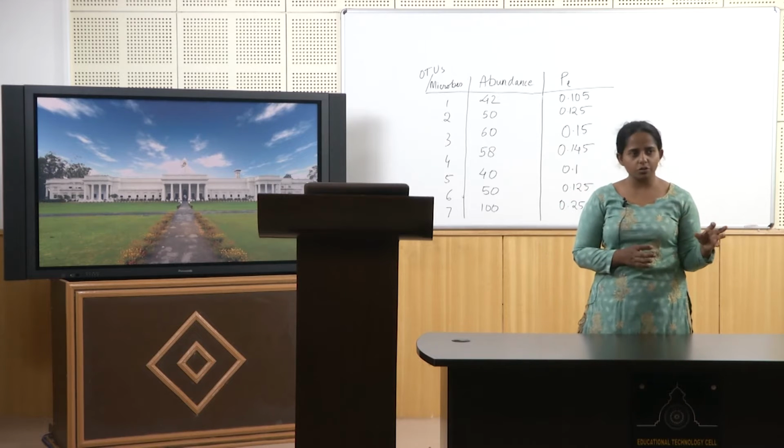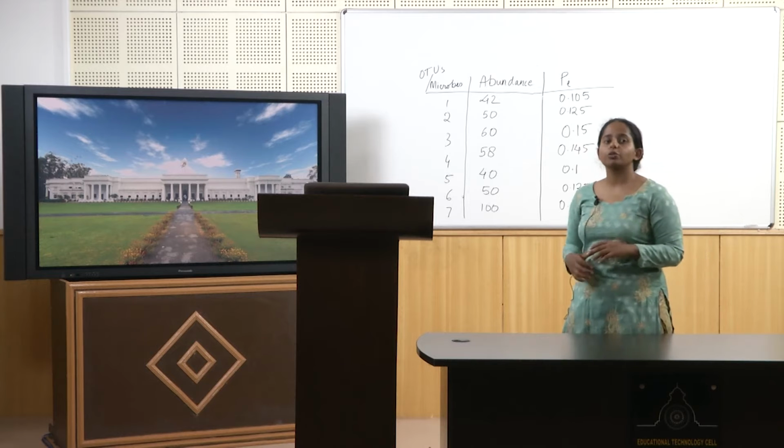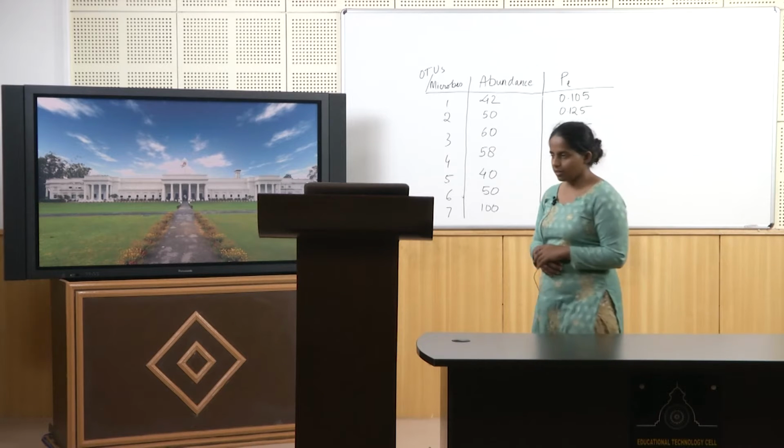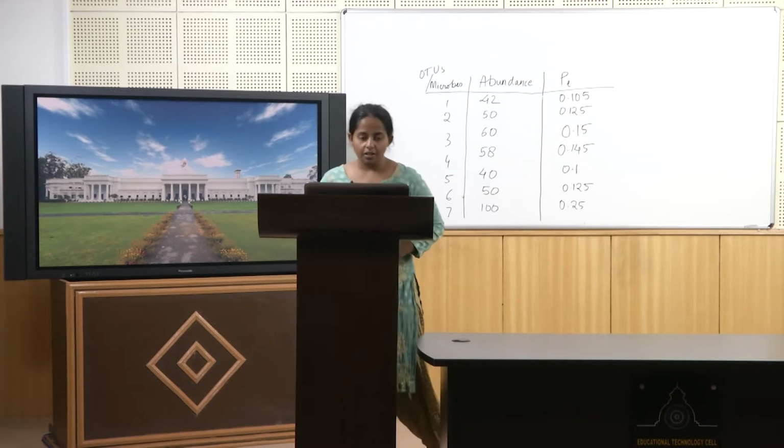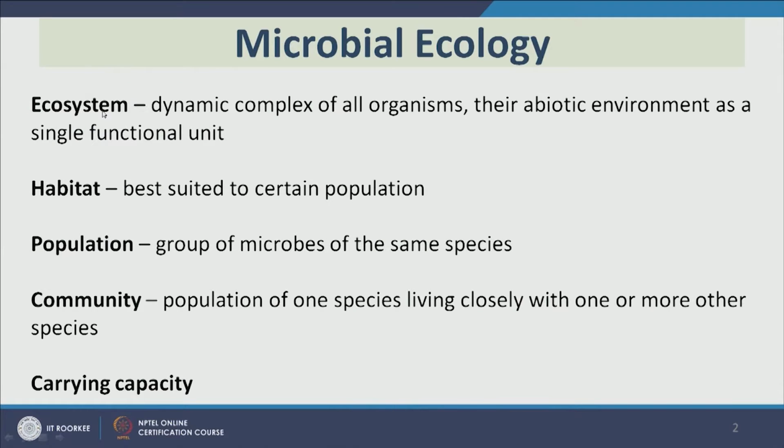We are going to be introduced to some very basic definitions of ecology and then move on to quantitative measures of diversity. Alrighty. So first, ecosystem, the basic term. Ecosystem is a dynamic complex of all organisms. So microbes, higher order of lives, viruses, human beings, all of them included, how they interact with each other, influence each other, and their abiotic environment.